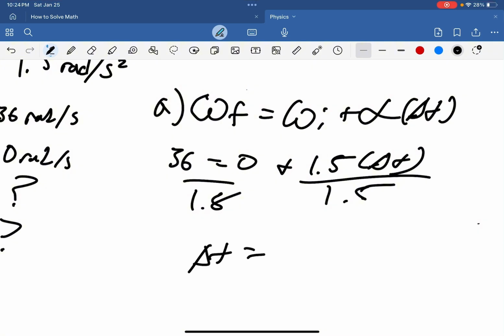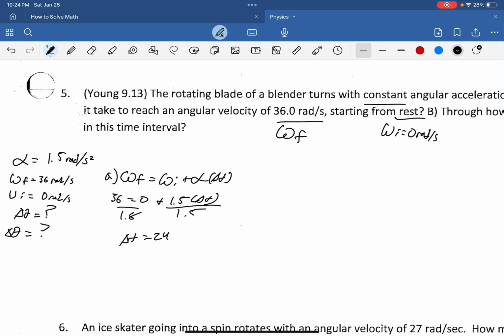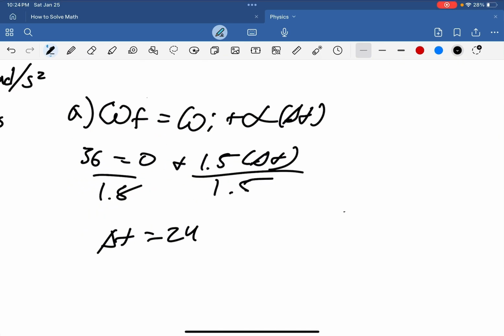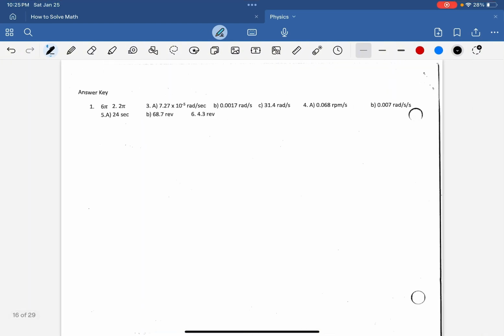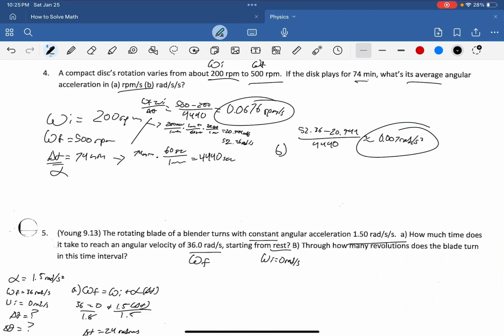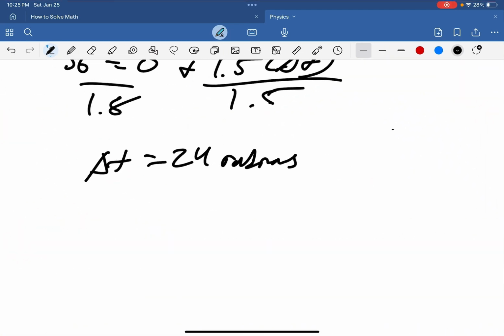Change in time is equal to 24 seconds. My bad, because how is change in time in radians? My apologies. But yes, that is true.